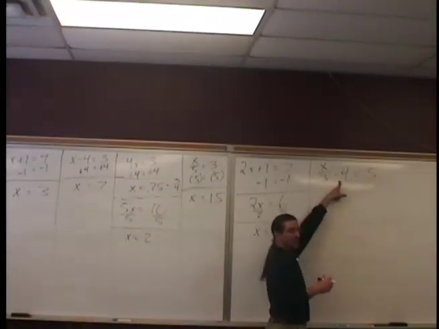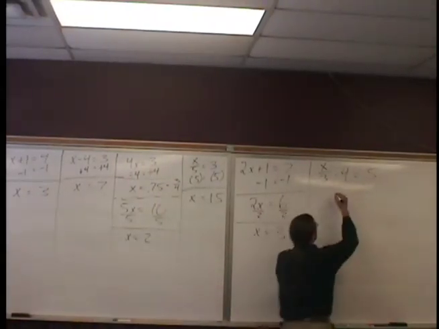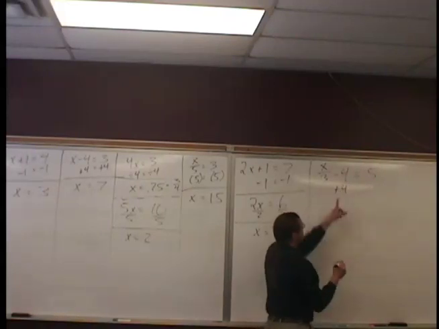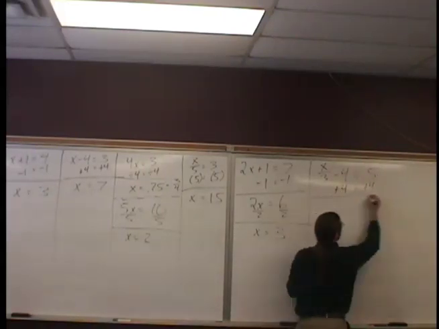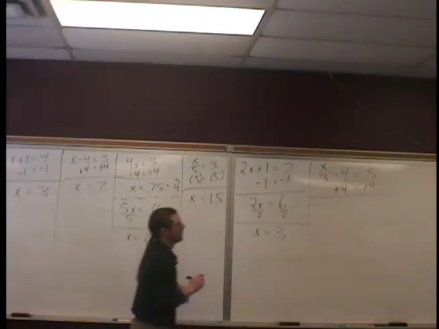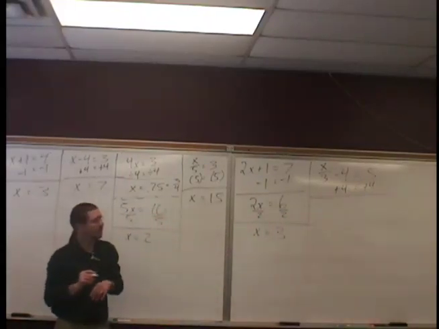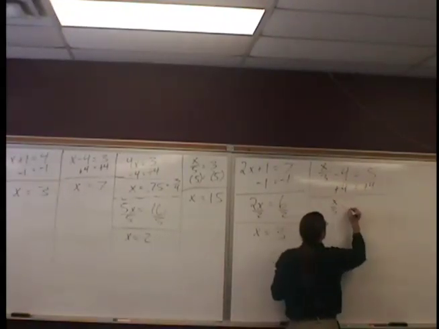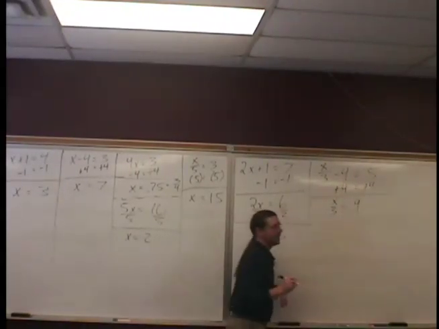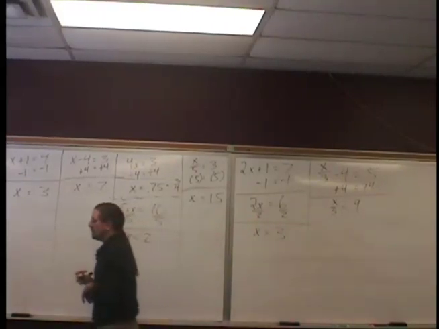This is subtraction. We want to undo it. If you do it to one side, you must do it to the other. Plus and minus, the whole point is to get rid of that. 5 plus 4 is 9. Please be careful.